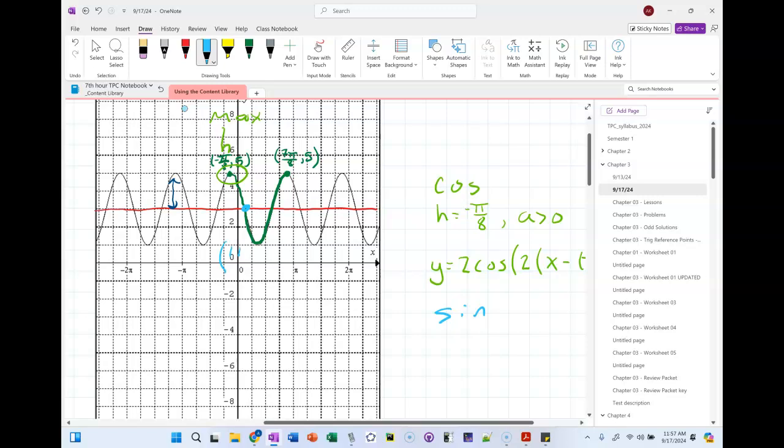Well, we already said that was pi over 8. So that's my h. And because the next extrema after my midline point is a minimum, what does that tell me about the a? It's negative.